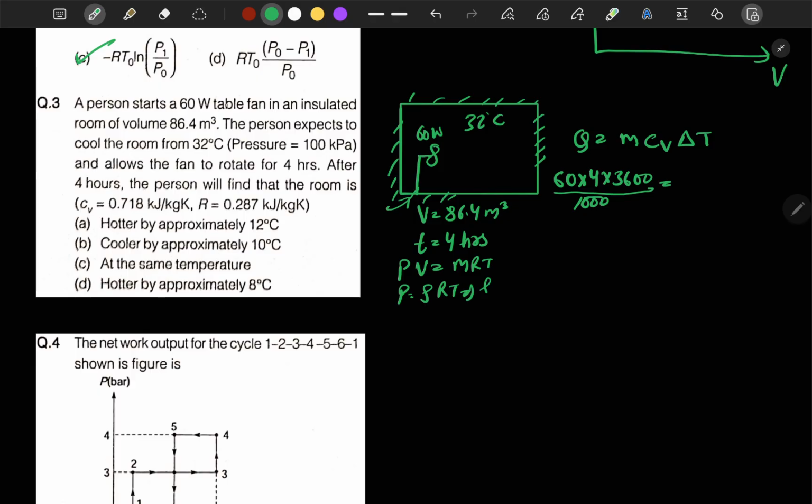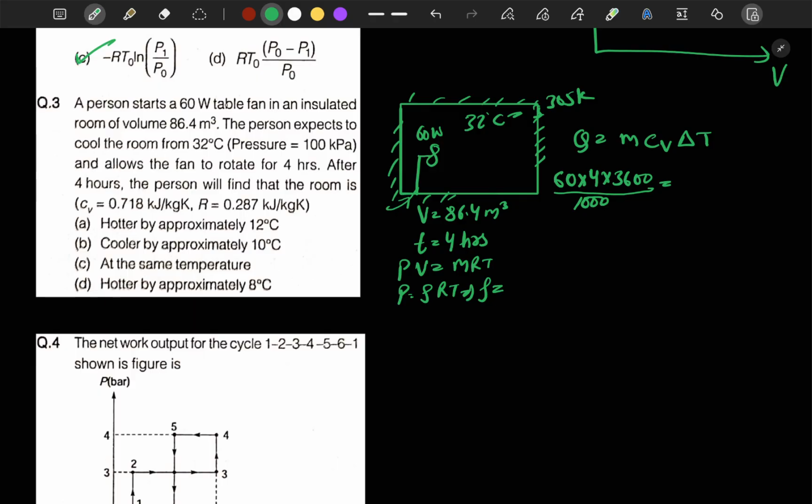So from here we can calculate rho. 32 degrees Celsius we can change into Kelvin by adding 273 to it, that is 305 Kelvin. Using this, and our value of R given as 0.287, we have done R into T inverse into pressure.